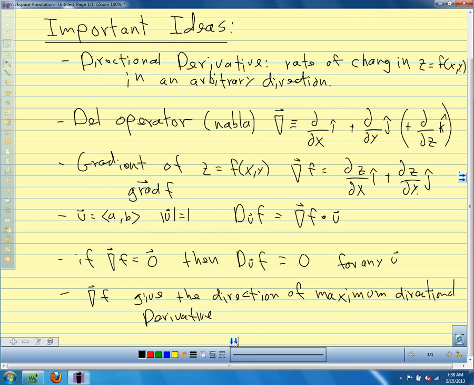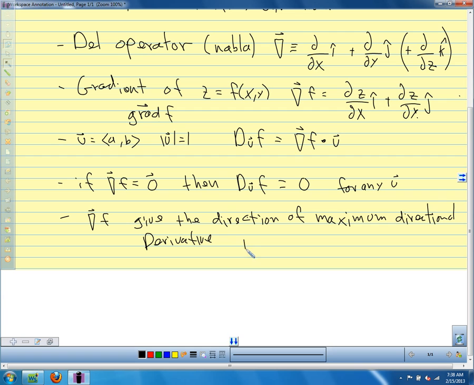And the magnitude of the maximum directional derivative was just the magnitude of the gradient. So that gives us our direction of the maximum directional derivative, and its magnitude is the magnitude of the gradient. And the minimum directional derivative is just in the opposite direction, and the minimum value is the negative of this magnitude.